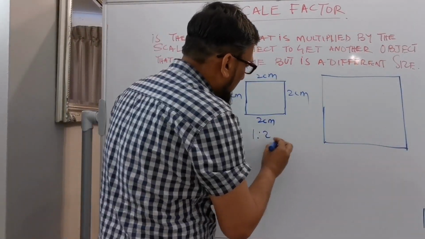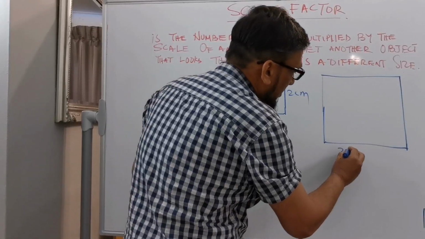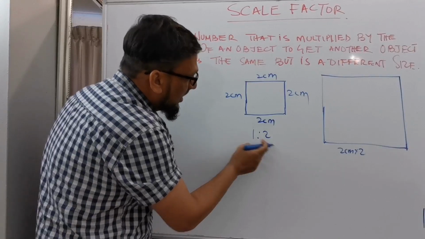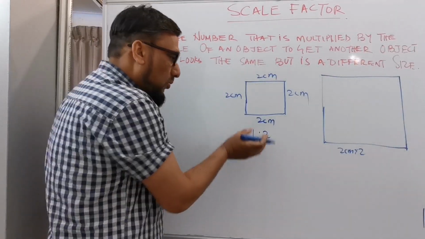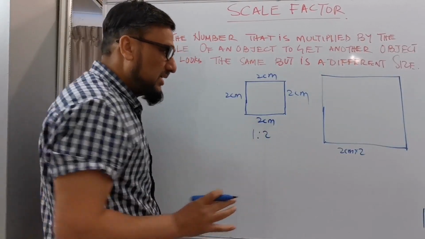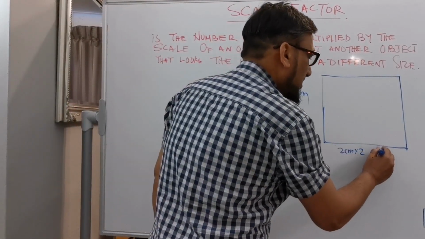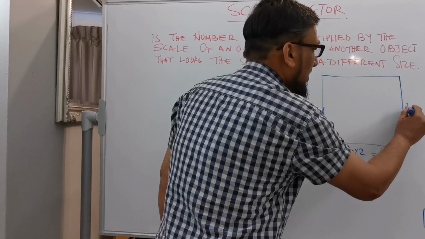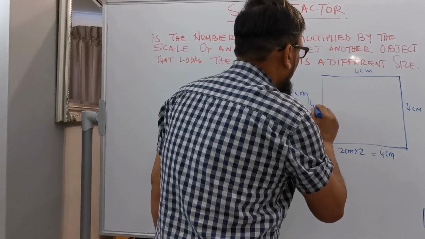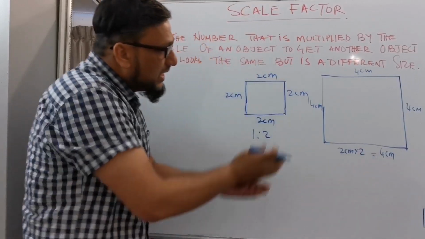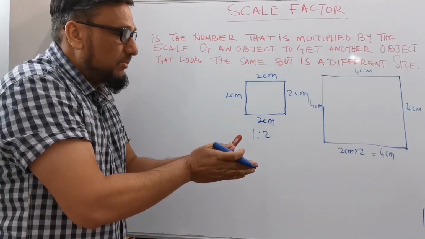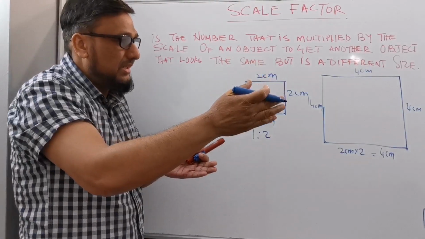So what we do is simply 2 centimeters times 2, because the scale factor is 1:2. Whatever number is given, you need to multiply by the scale. So 2 times 2 is 4 centimeter on each side. Any scale on a map is different in reality.